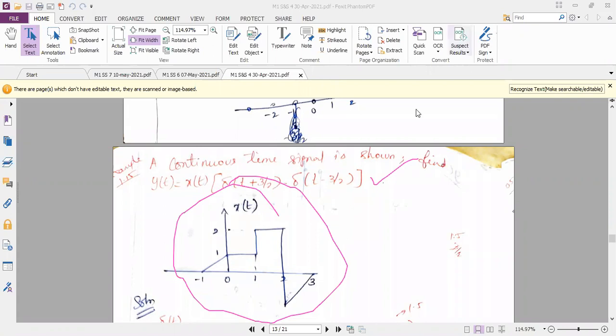Are you finding some change in the question or not? Morning first hour, I am not getting interactions. Ambika, what is the change, ma'am, in the question? It is a continuous time signal.